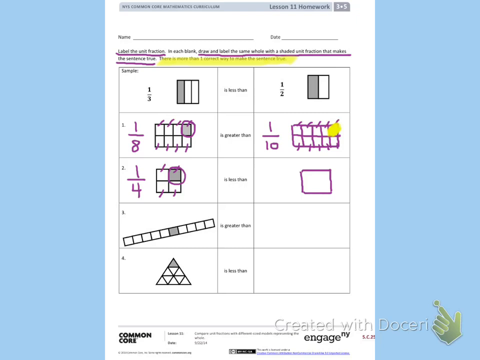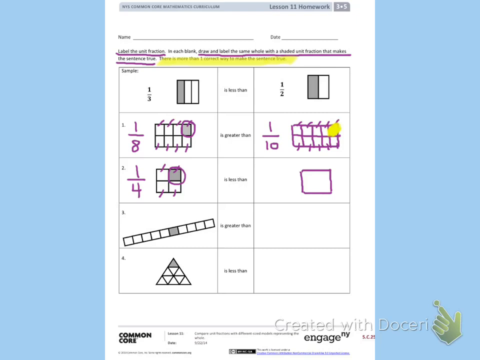Well, I know that if I'm sharing that square in the first column, I'm sharing it with 4 people. Each person gets 1/4 of the square. But if I want to have larger pieces, then I need to share my square with less people.